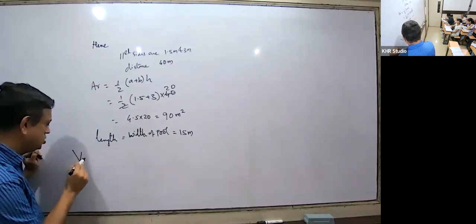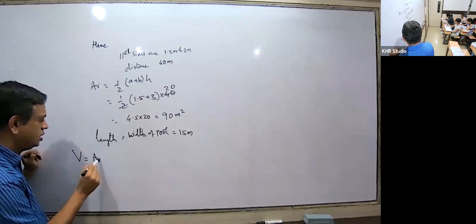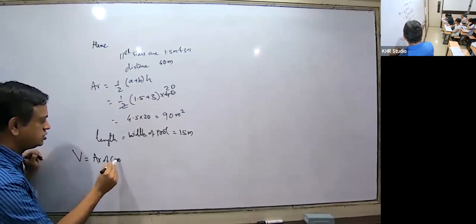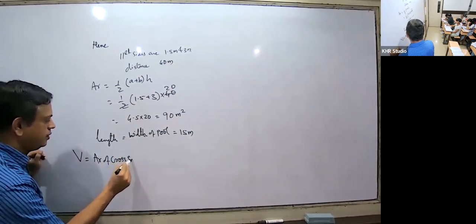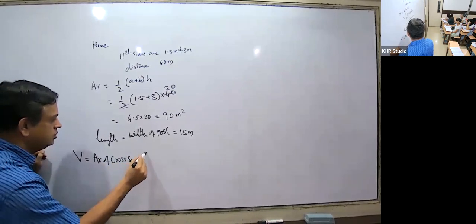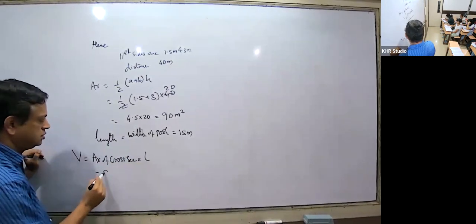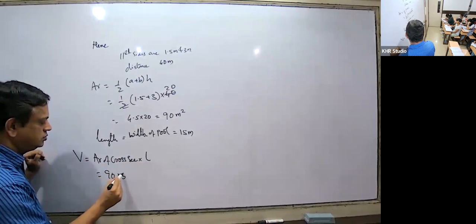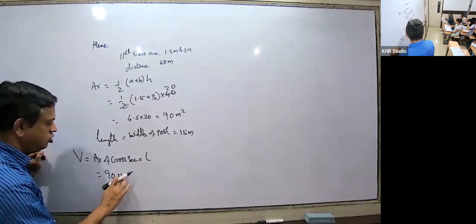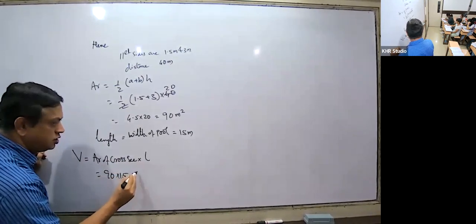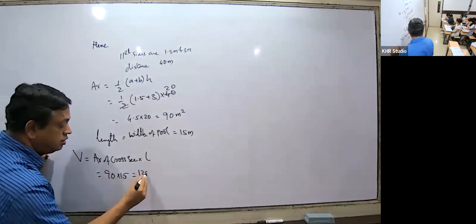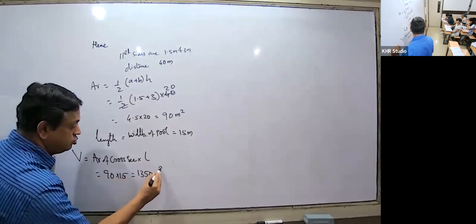Therefore, volume is equal to the area of cross section multiplied by length. That is 90 into 15. Hope you are following. How much? 1350 meter cube.